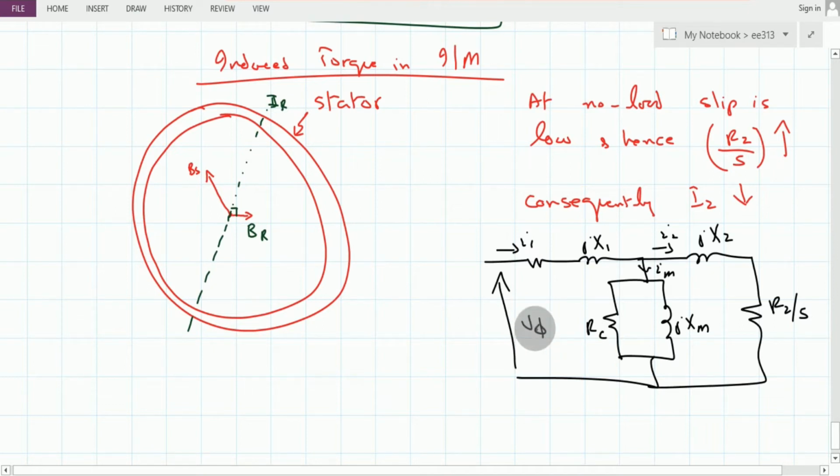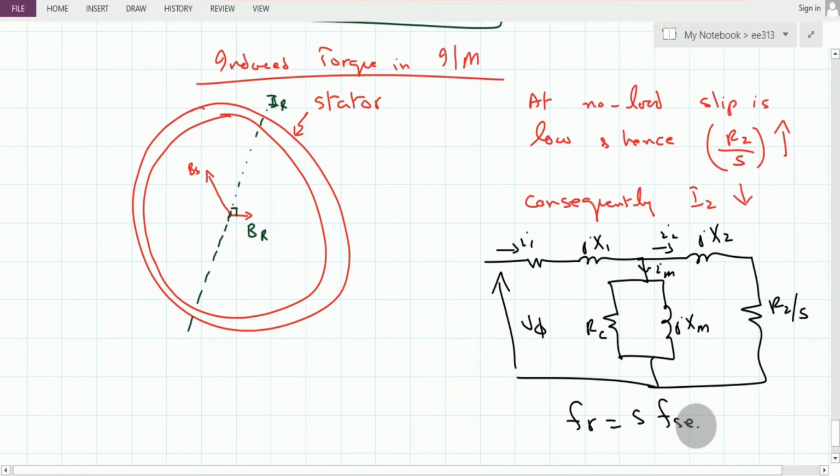Now we said that initially the motor is under no load condition. If the motor is under no load condition, it is operating very close to the synchronous speed of the machine. With that in mind, the slip is low and therefore R2 over S is high. So consequently this I2 is low. Not only is this I2 low, but we have also seen that the frequency of the rotor FR is dependent on the slip.